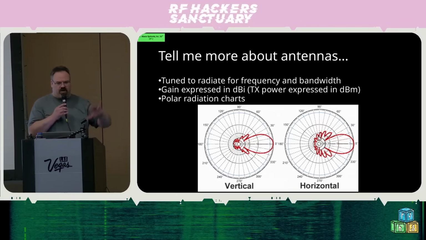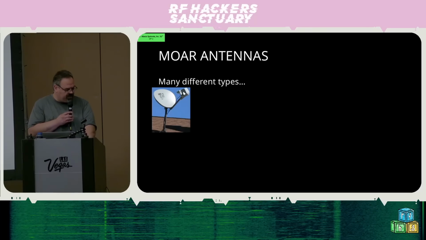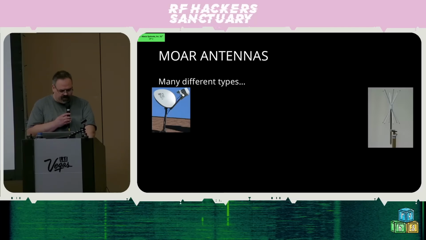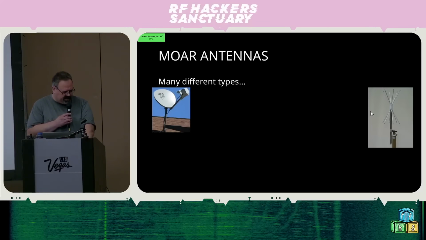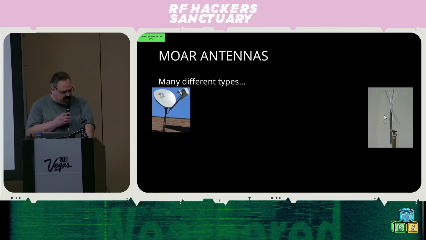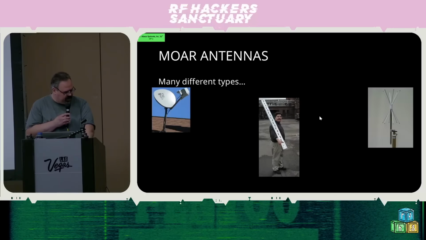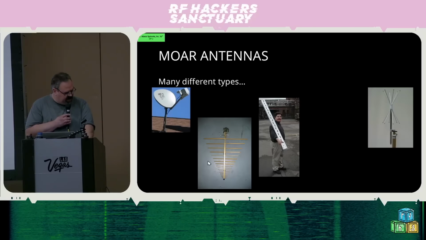There are lots of different types of antennas. The dish antenna, where you've got the reflector and the actual receive portion is here. This is a double disc cone type, slotted waveguide.